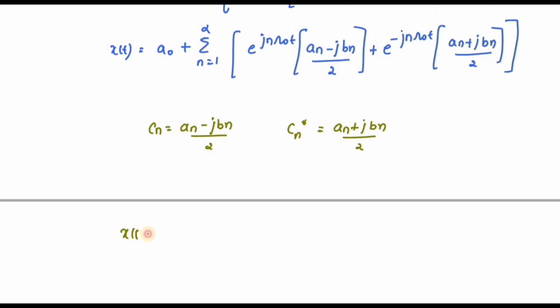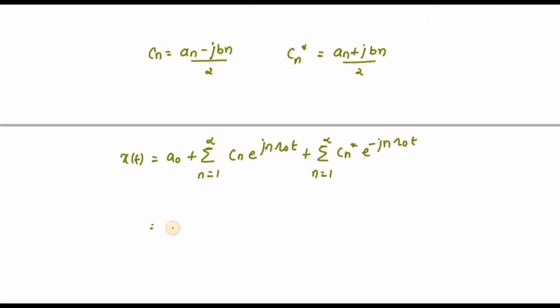x of t is equal to a naught plus summation n is equal to 1 to infinity cn e power j n omega naught t plus summation n is equal to 1 to infinity cn complex conjugate e power minus j n omega naught t.